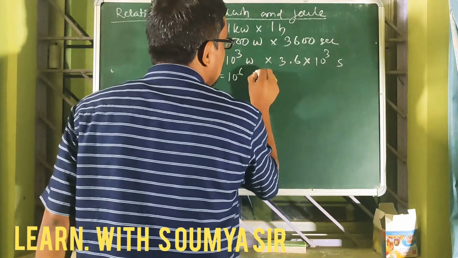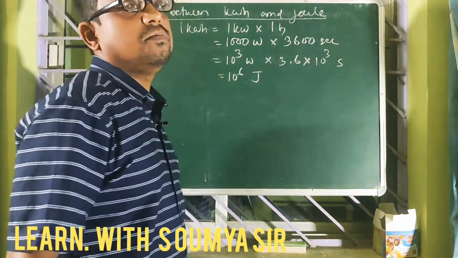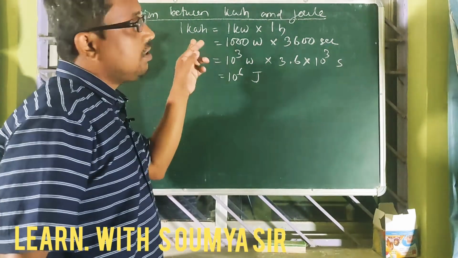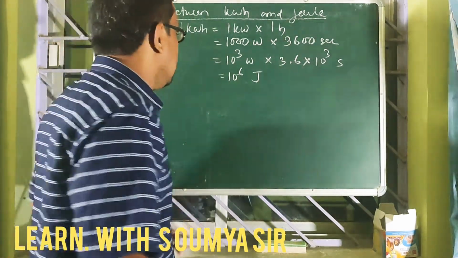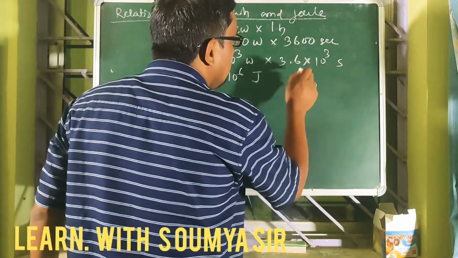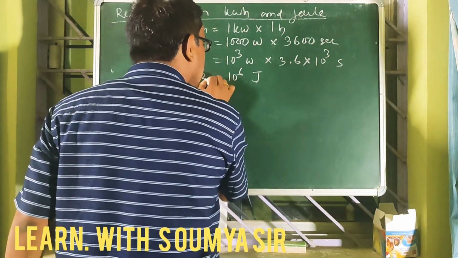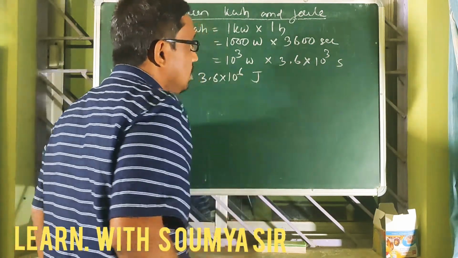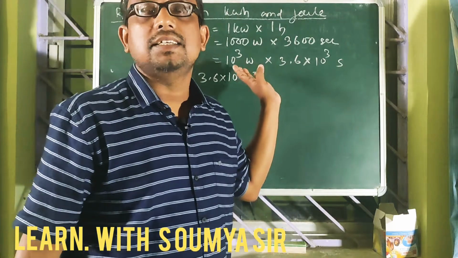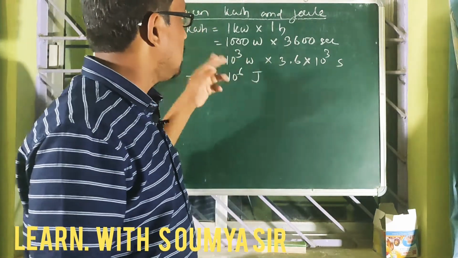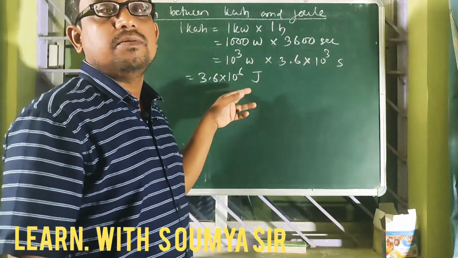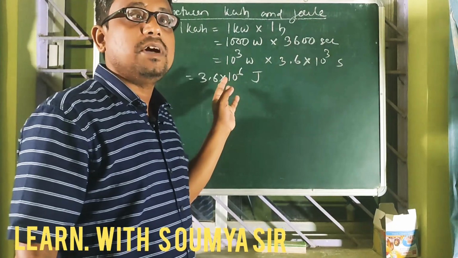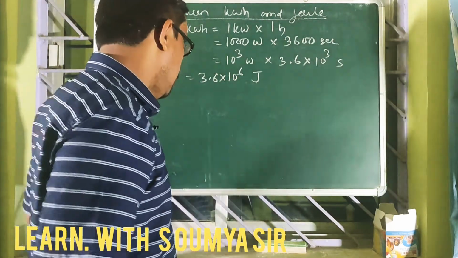Watt into second is Joule. So it will be 10 to the power 6 Joule. So 1 kilowatt hour will be equal to 3.6 into 10 to the power 6 Joule.